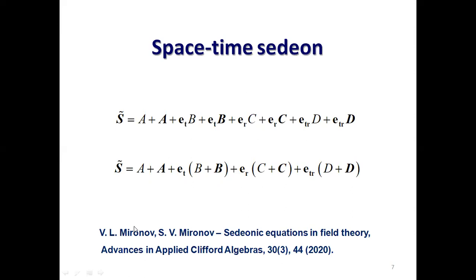Space-time schedules consist of 4 scalar parts, A, B, C, and D, and 4 vector parts, A, B, C, D. If we rewrite this formula in the following way, we can see that the schedule consists of the usual Macfarlane quaternion, time Macfarlane quaternion, space Macfarlane quaternion, and space-time Macfarlane quaternion. More detail about space-time schedules you can see in our paper, which is published in Advances in Applied Clifford Algebras.